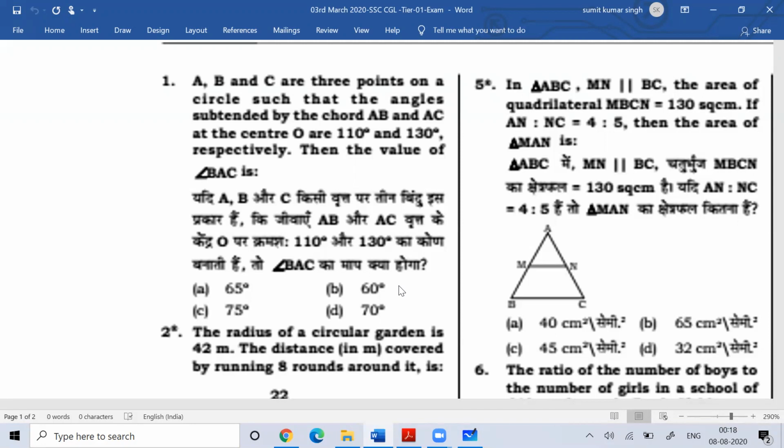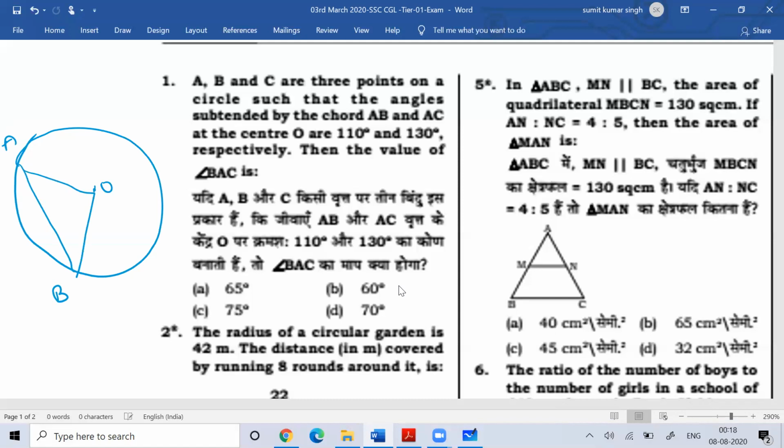Suppose this is center O, this is A, and this is B. The angle that chord AB makes at the center is 110 degrees.